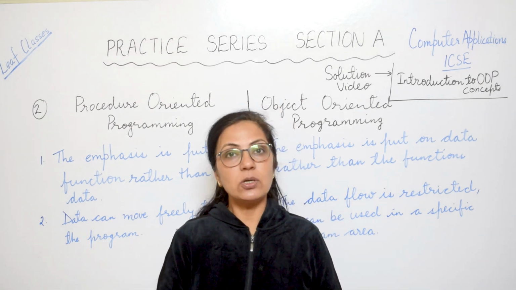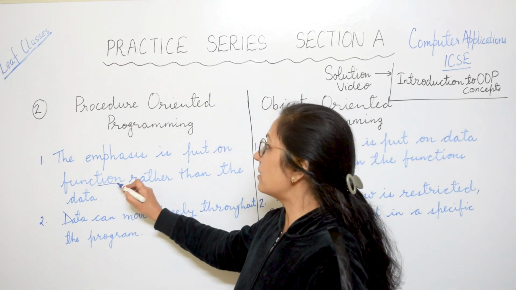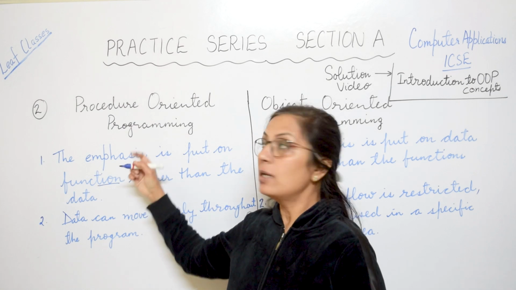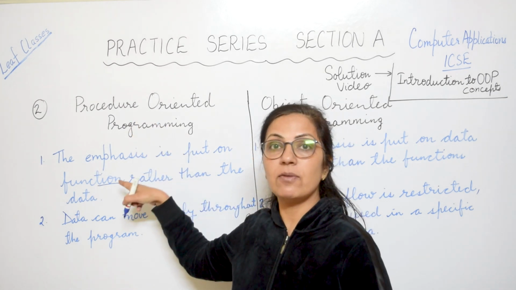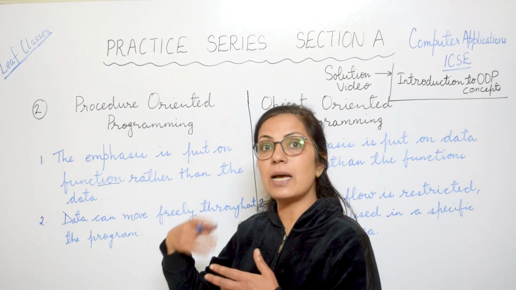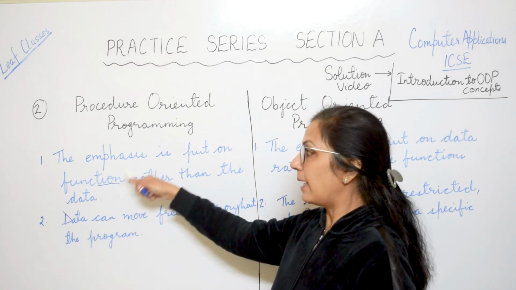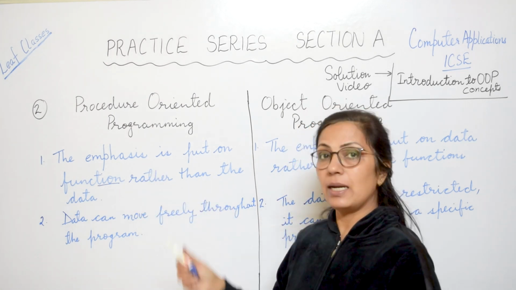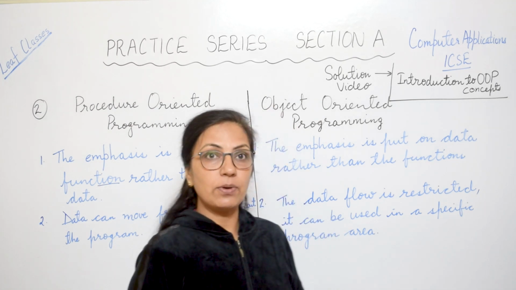But I don't want you to make that mistake. So the function means the procedure, right? In procedure-oriented programming, the emphasis is given on the function. That means how the task is being performed. So emphasis is on procedure, that is the function, rather than the data, right? Data is not that important in procedure-oriented programming.